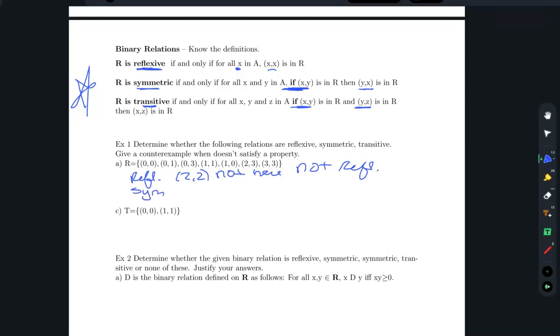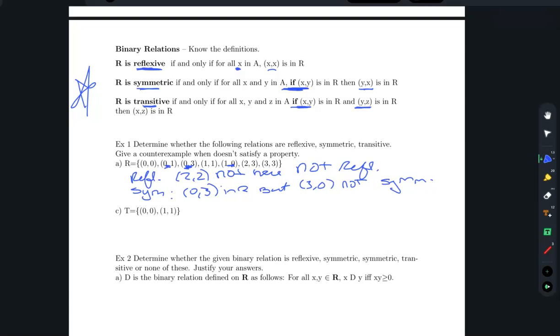Every time I have an element like (0, 1), do I have (1, 0) in there? I do. What about (0, 3)? (0, 3) is in there. Is (3, 0)? No. So (0, 3) is in R, but (3, 0) is not. So it's not symmetric.